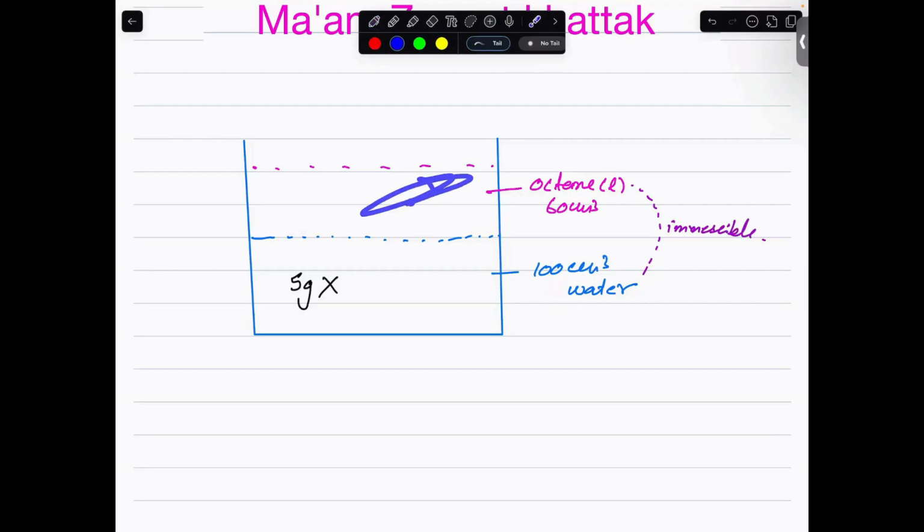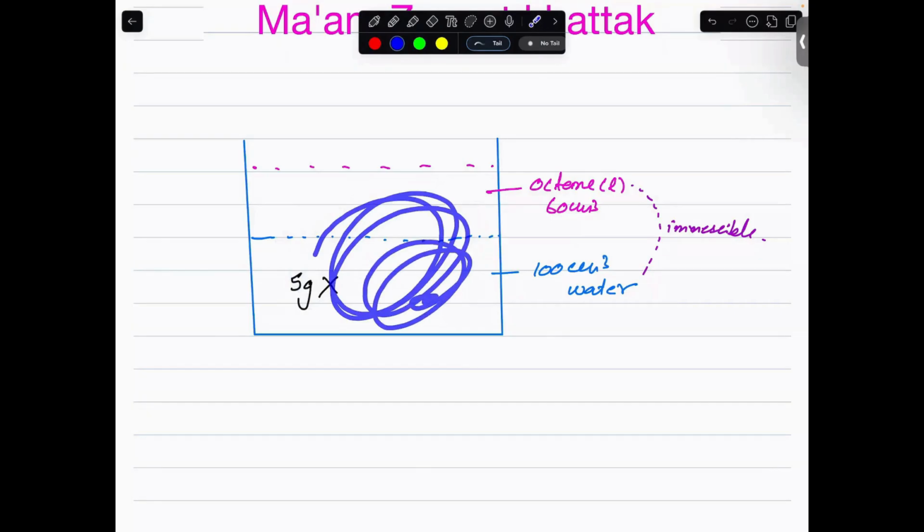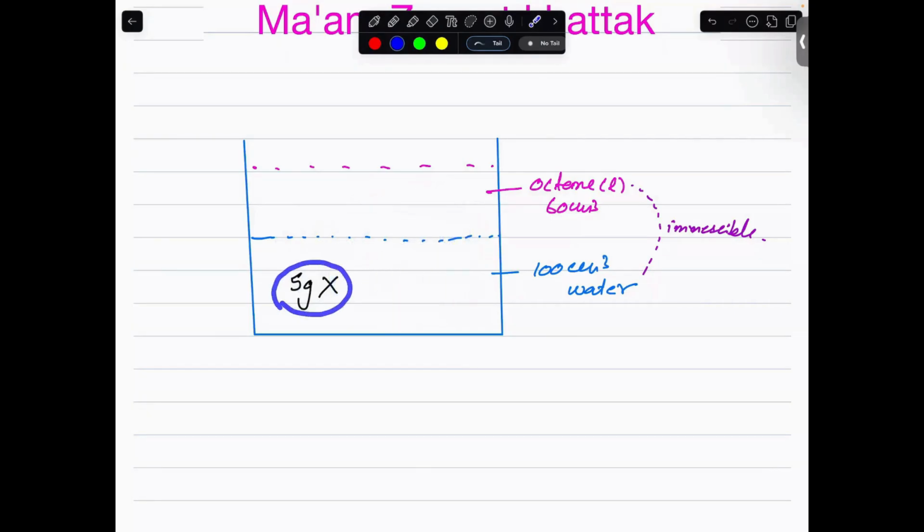After adding octane to the water containing X, we are going to mix and shake it vigorously. When you shake it vigorously, the X in water will come in contact with octane.